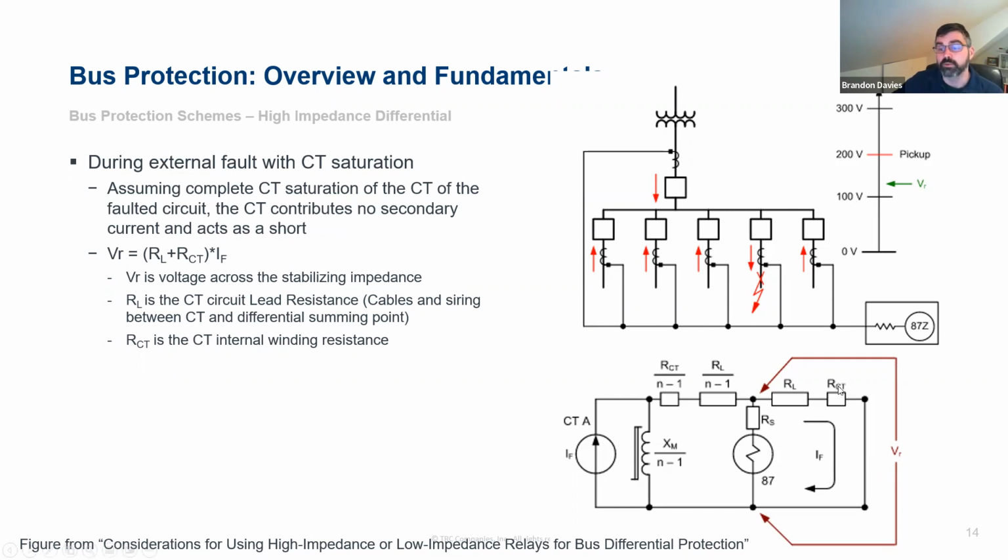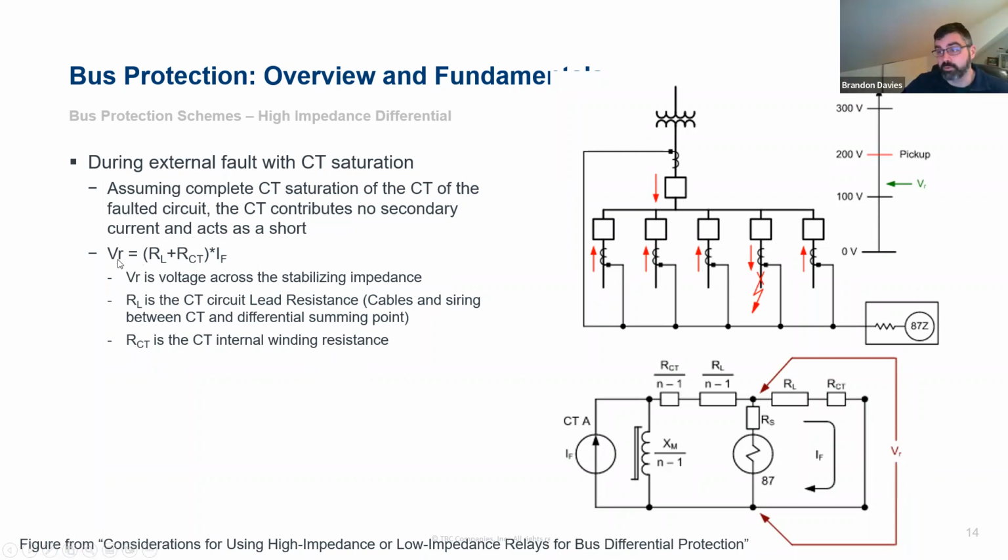And we've got RCT, which is the winding resistance of the CT, which would still be seen in this case. So we can calculate the voltage that the relay will see for this extreme worst case saturation as the fault current, in secondary, times those two resistance or impedance values for the leads and the CT itself.